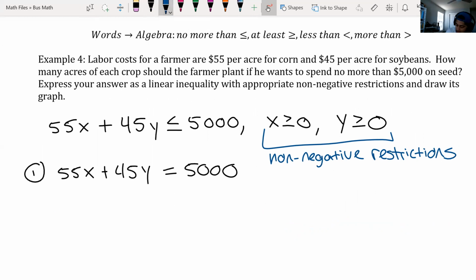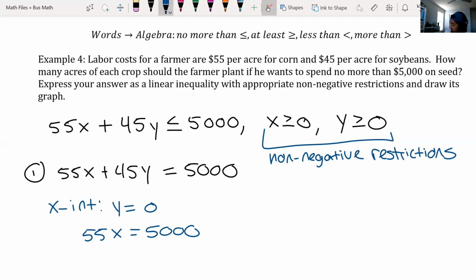And then X-intercept, you let Y equal 0. And we get 55X equals 5,000. Divide by 55. And we get 90.909090.